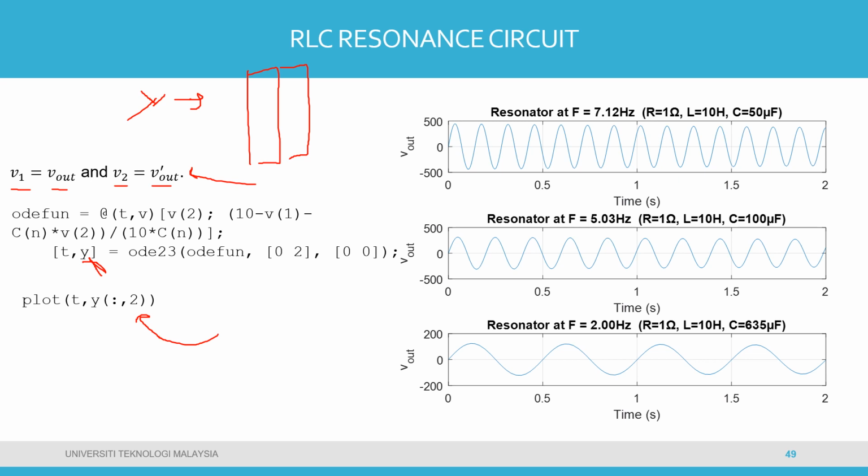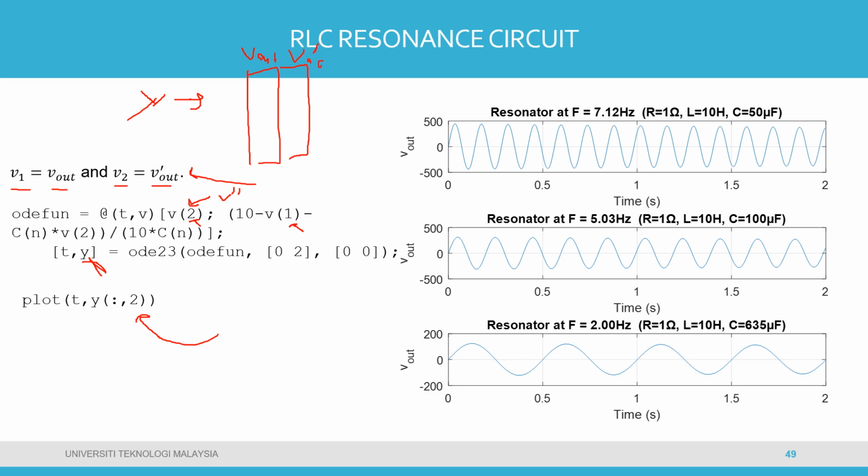Okay, so if you look here, you represent it as v2 here. This one is v1 bar. So v1 bar is basically at the second place. And v1 is basically v out, at the first place. So if you look here, this is the v out and this is v out bar.